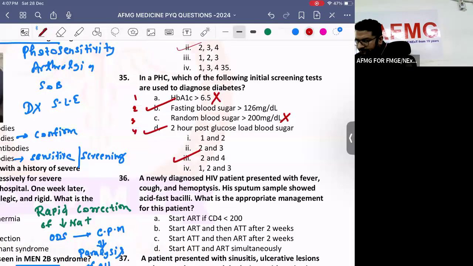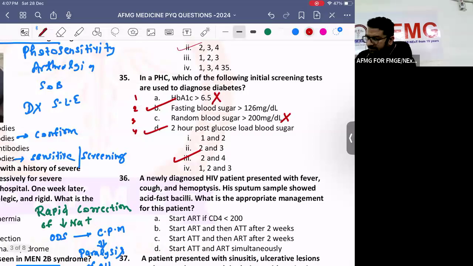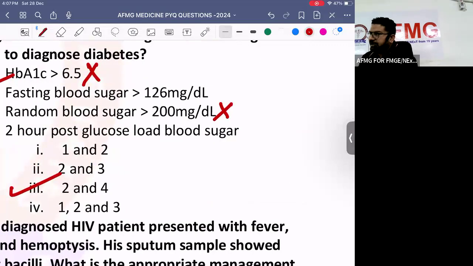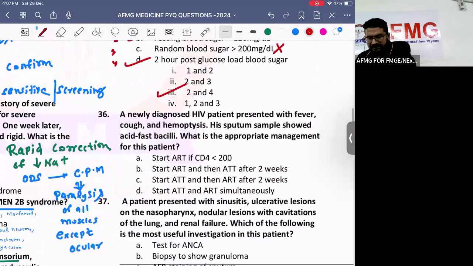Clear? Am I clear? Okay, I told you one more test for monitoring diabetes. What was the short term sugar indicator? Serum fructosamine. Long term, HbA1c. Okay, try to answer the next one.